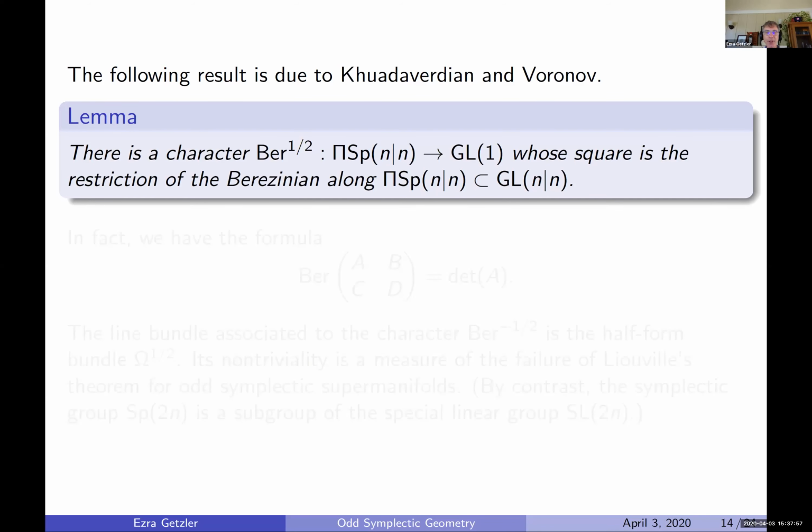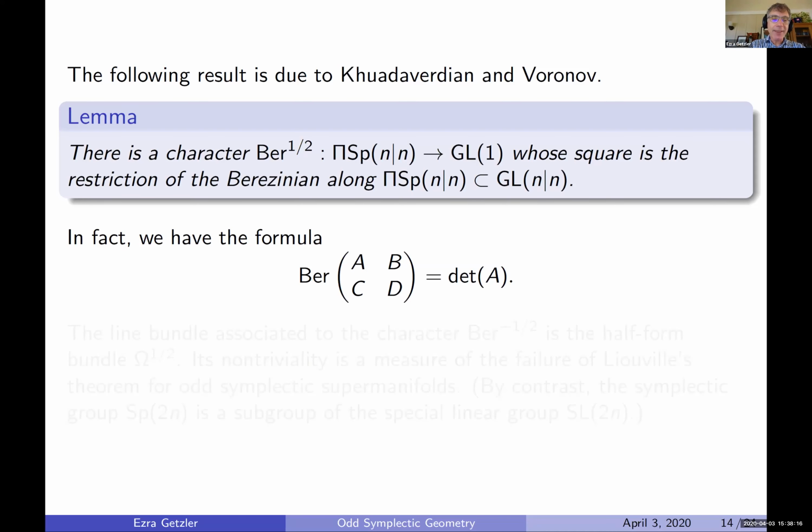And of course, having observed it, the proof is relatively easy. In fact, if you have this block representation of the odd symplectic transformation, oh shoot, I'm sorry, misprint. I'll fix that, I'll submit a corrected version of the slides after the talk.